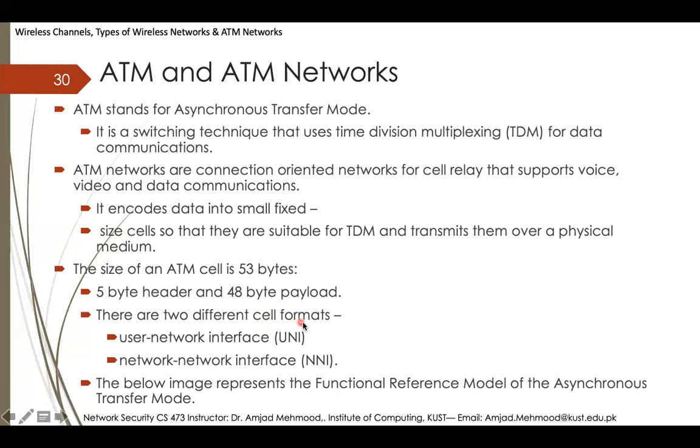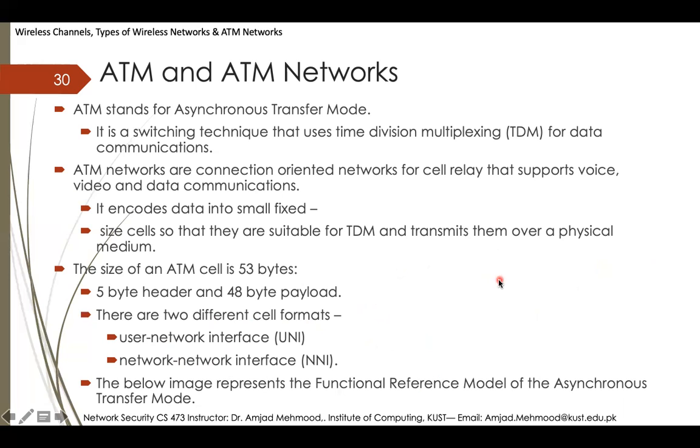There are two different cell formats: user network interface and network interface. For example, if a sender wants to communicate with a receiver, within sender and receiver you have some routers.